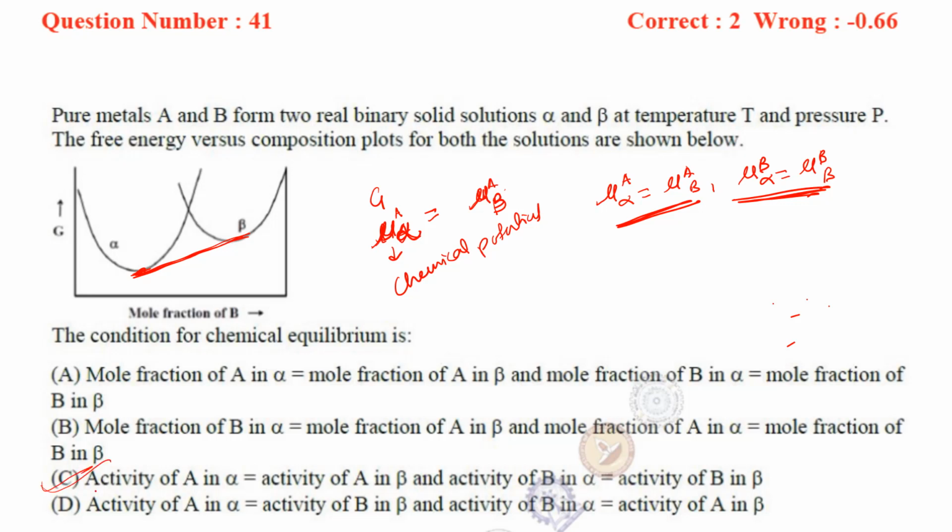So option C will be the correct answer. Chemical potential also gives an idea of the activity. That is also called chemical potential. Chemical potential and activity both can be correlated.